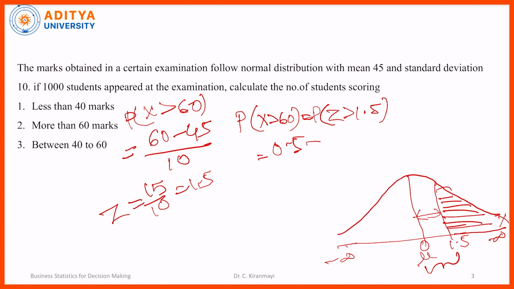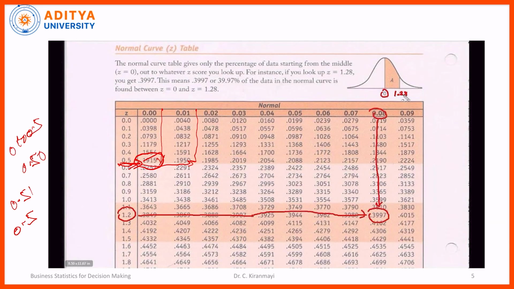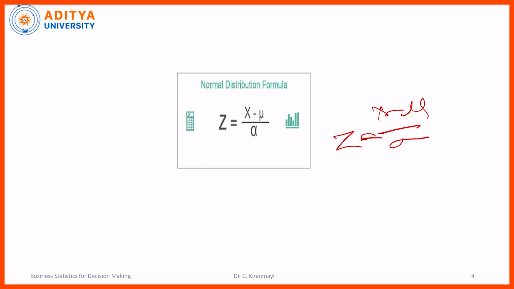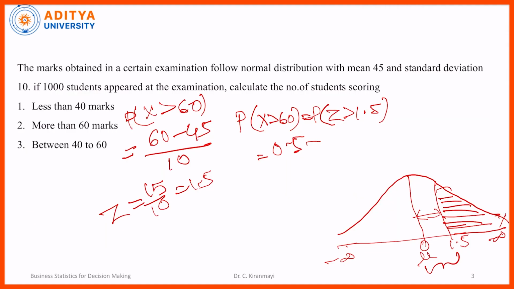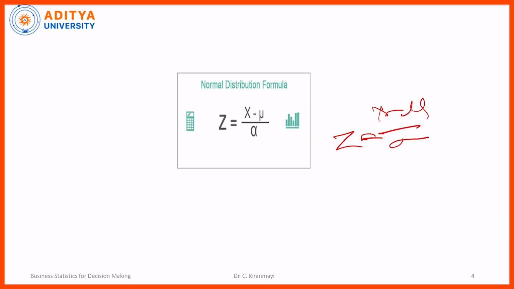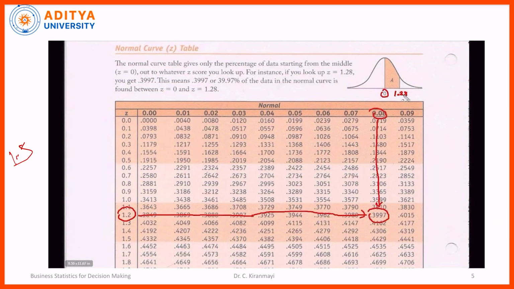So, how can we find it? Go to the normal table values. We have to find the table value for 1.5, the area between 0 and 1.5. So, 1.5 means 1.50. Where it is 1.5, and next 0, this is the value .4332.